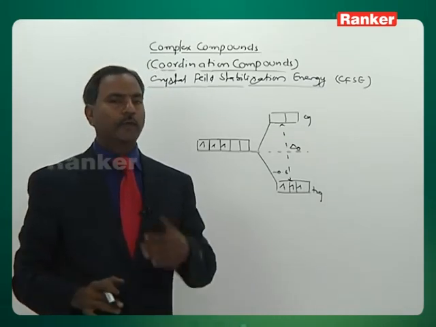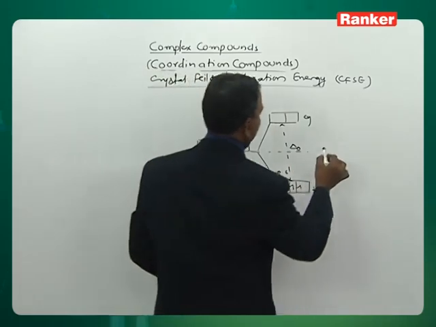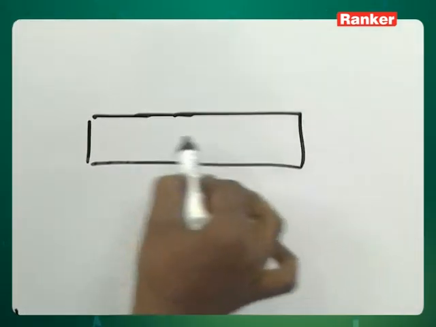Let me show the splitting of d orbitals in tetrahedral. Then I am writing on tetrahedral also. How is the orbital splitting?